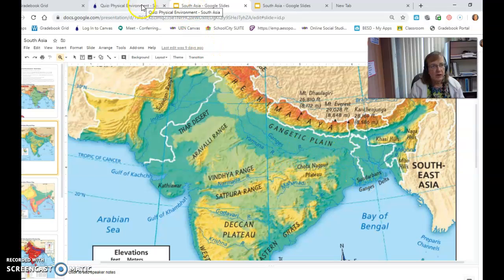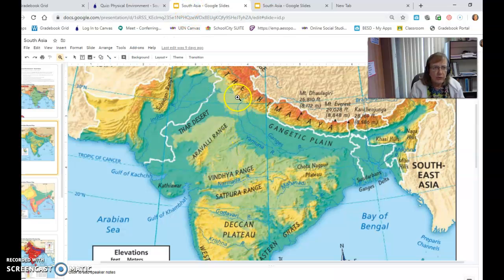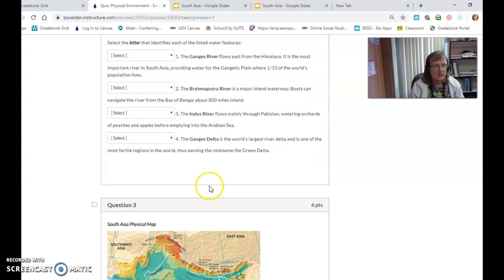So let's see which number makes sense for that. Now it looks like it could be C or D, or both of those would be somewhere along the Ganges. Oh, the other one must just be the Ganges Delta region. Okay, so let's go with C for the Ganges.